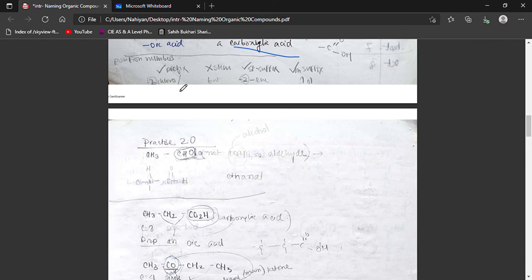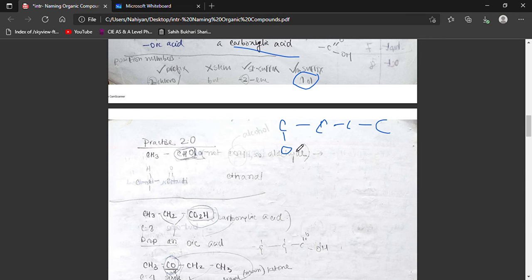So let's look at this compound. Let me draw this compound. So we have butene-ol. This is the main functional group. So we have 1, 2, 3, 4, and this is the main functional group, which is the 1-ol.